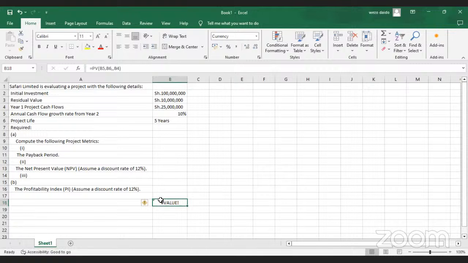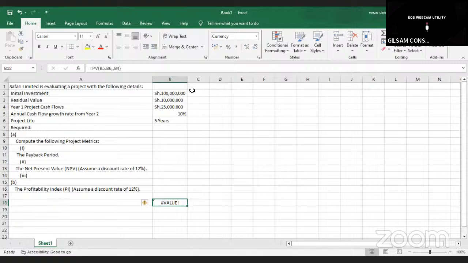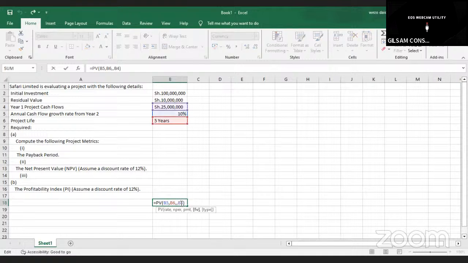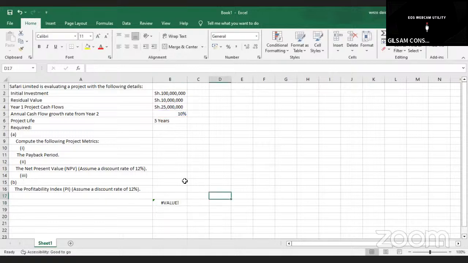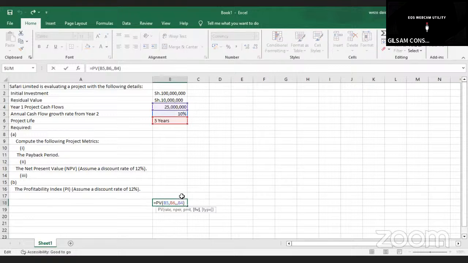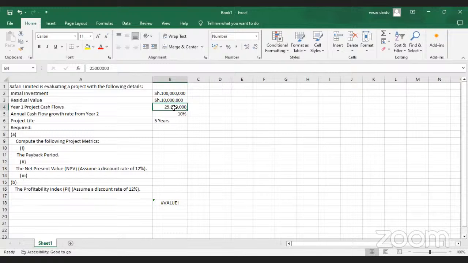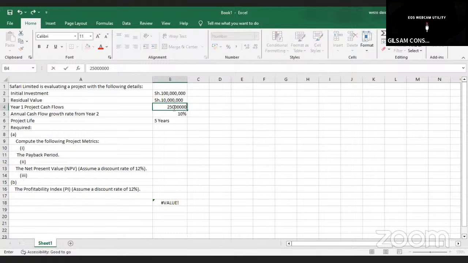Why does it say hashtag value? Excel says hashtag value. You have put shillings, remove those shillings. Oh. And then comma. Or do you see what it is doing to Excel?